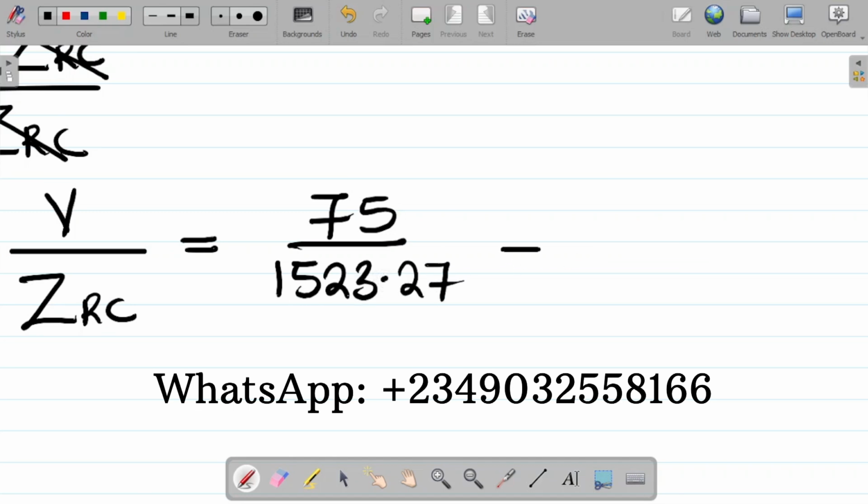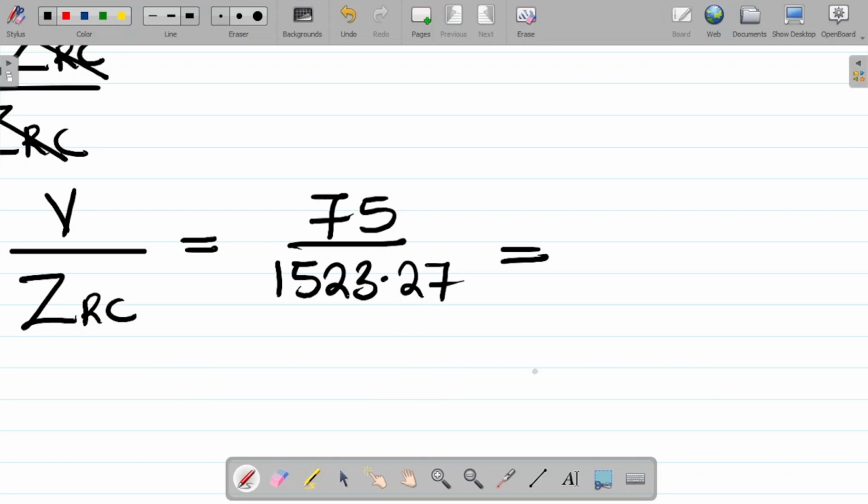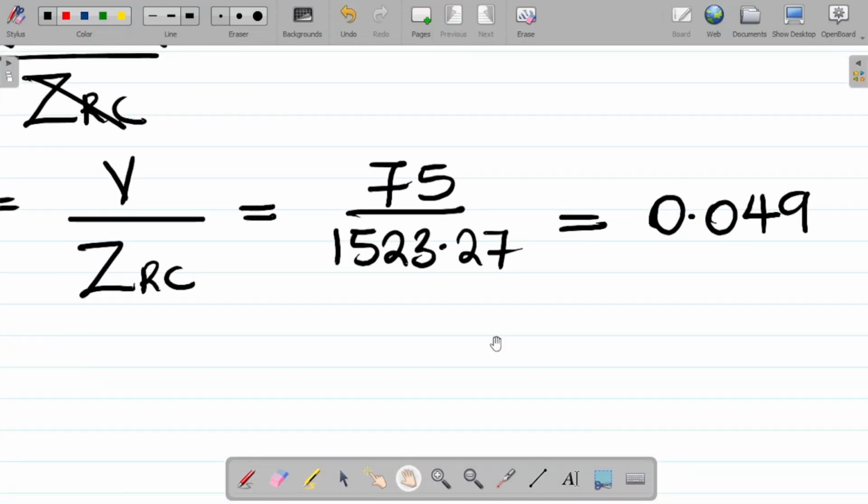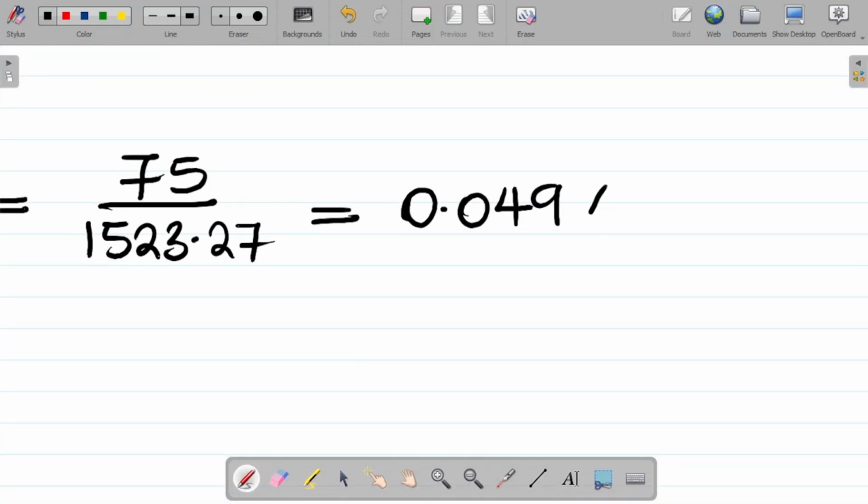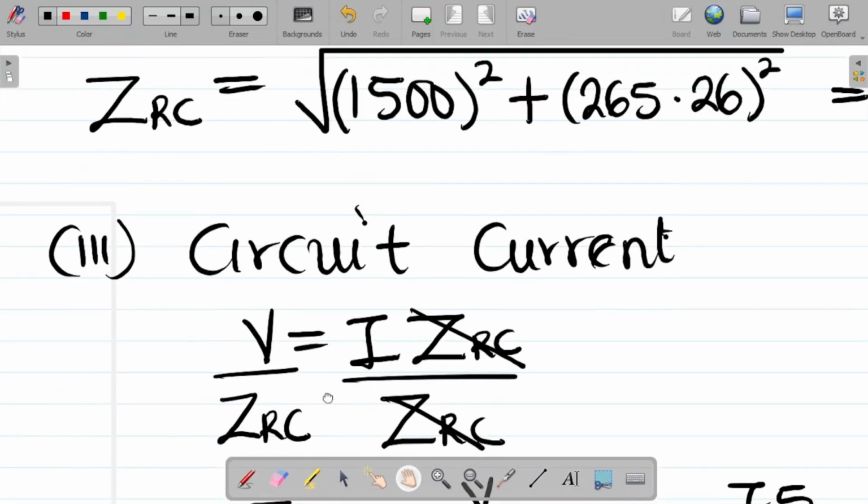So it becomes 75 divided by 1523.27. My answer here is approximately 0.049. So this is the value of the current. Of course, current is measured in amperes. So here's the value of the circuit current.